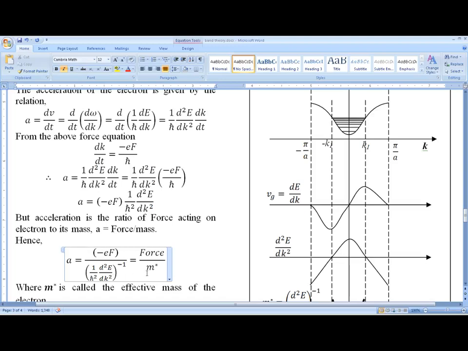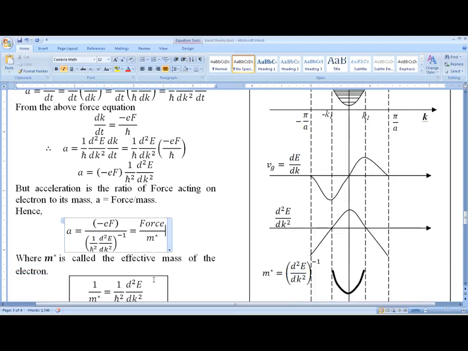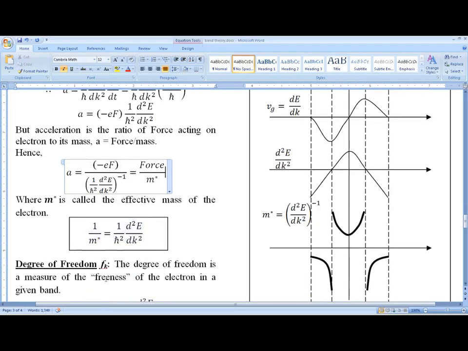For the time being, let's treat it as a pure mathematical quantity. So this m star can be written like this: if you pull this to the other side, it is the inverse of 1 by h cross square d square E by dk square, or h cross square divided by d square E by dk square is the m star. Please remember this expression. It has some physical meaning.